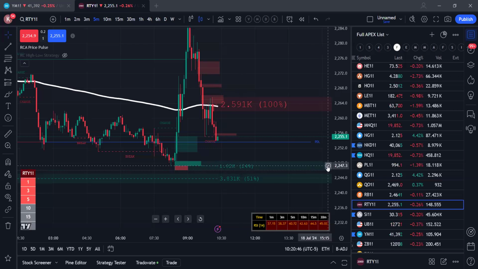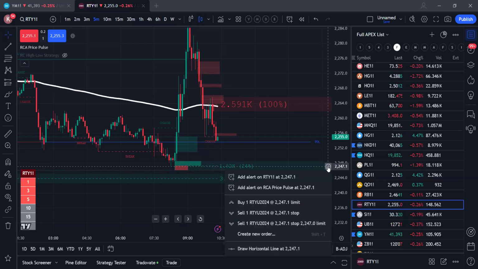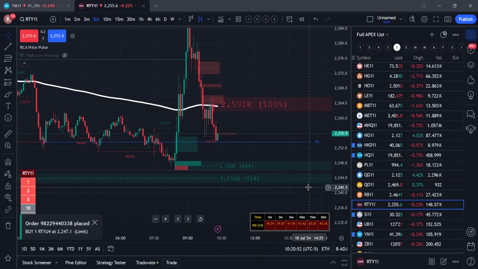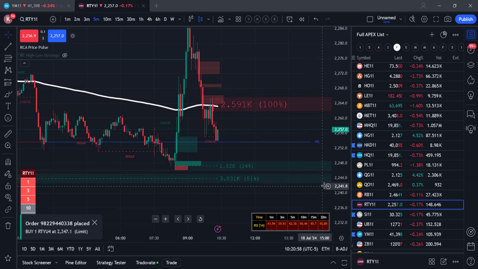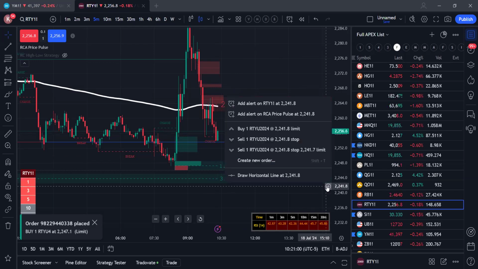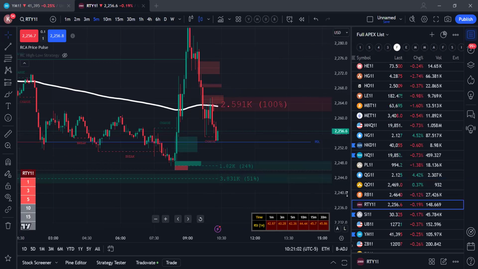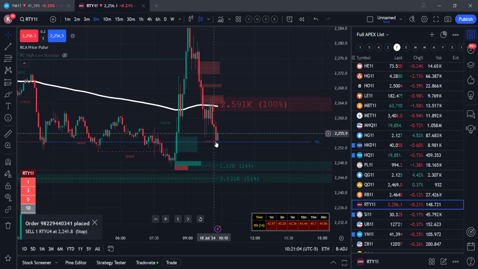I can add an order here, and then I can have my stop loss, right? Even if it comes here and drops, again there is a big buy order block here. So I can have my stop loss order here. So if price comes and touches this one, then it will bounce and it can go all the way here. If the buy order gets filled, then I'll put my target somewhere here.